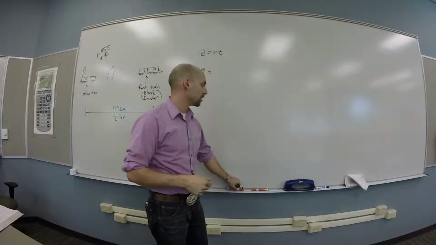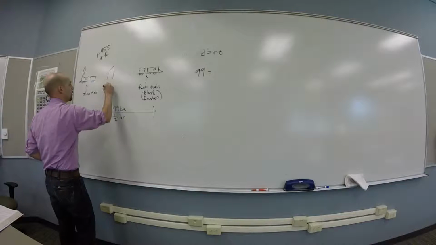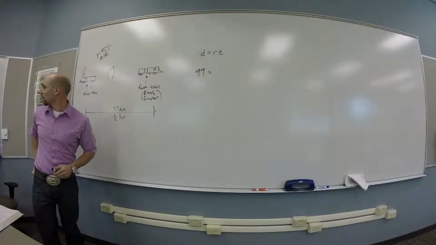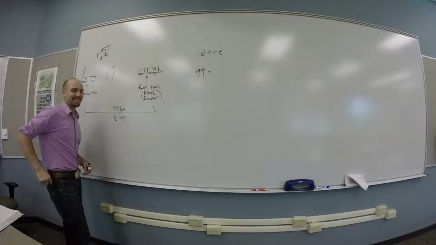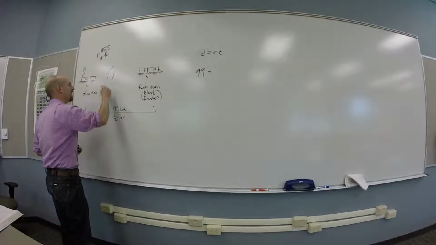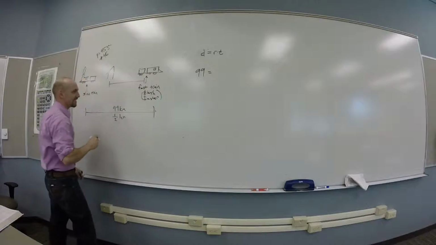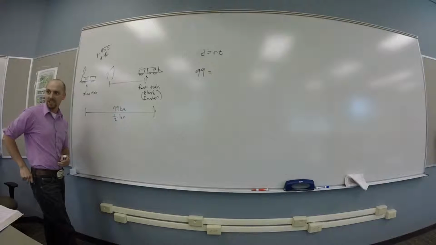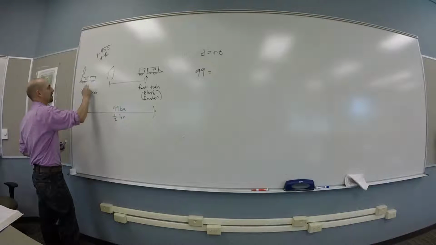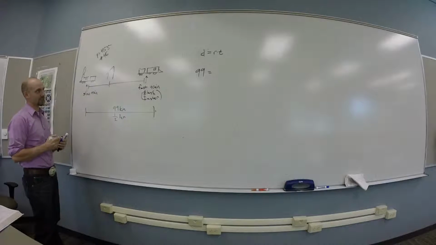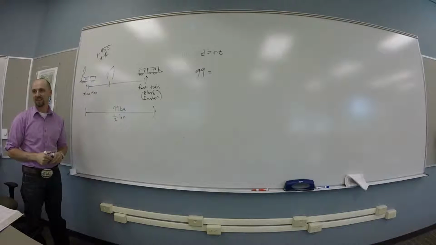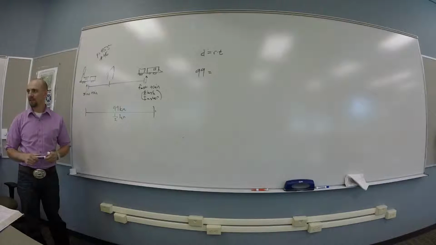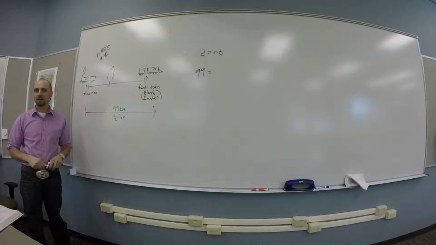So there's this distance, which is train one's distance, or the fast train's distance, and then there's this other littler distance that's the slow train's distance. Those two things added together make that 99.